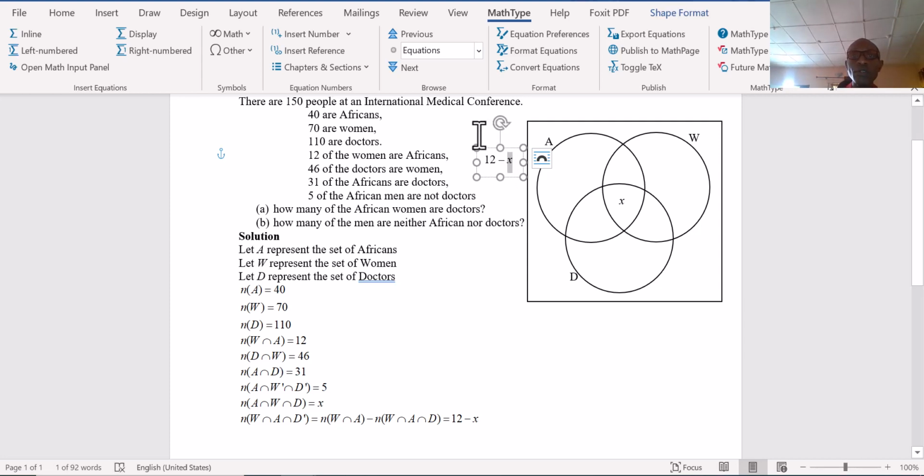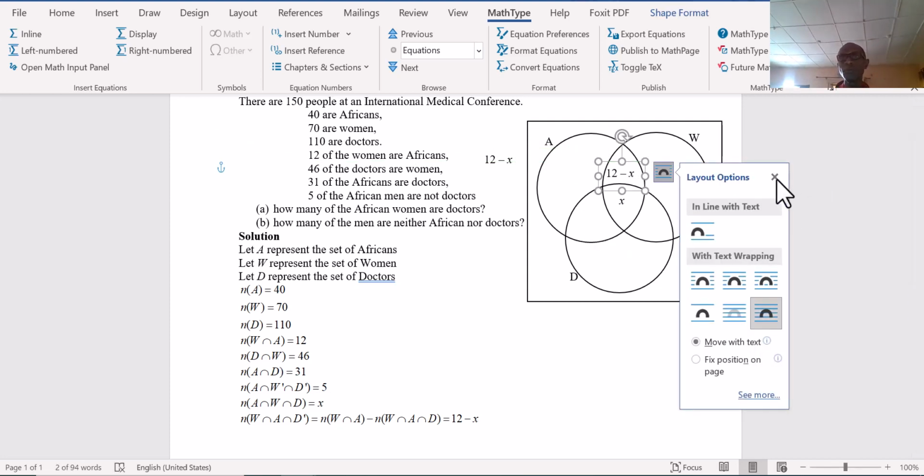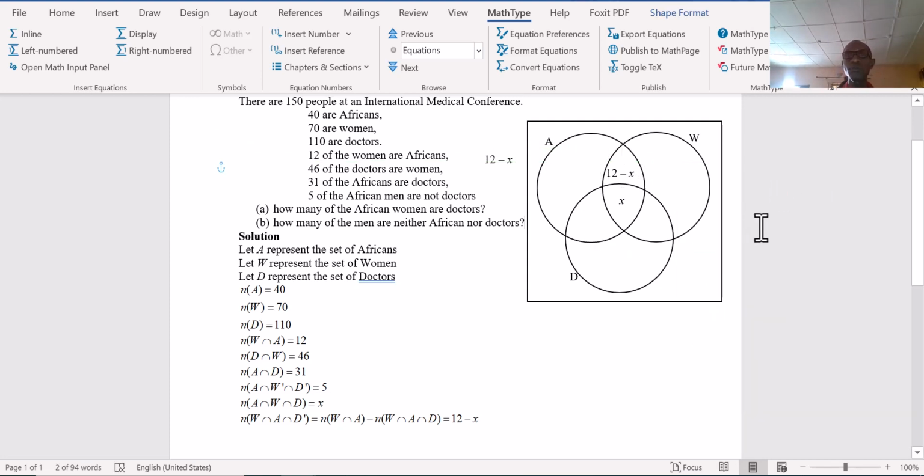So we have this. The next one that we have been able to get. From the data we are given, we can also get the other ones.